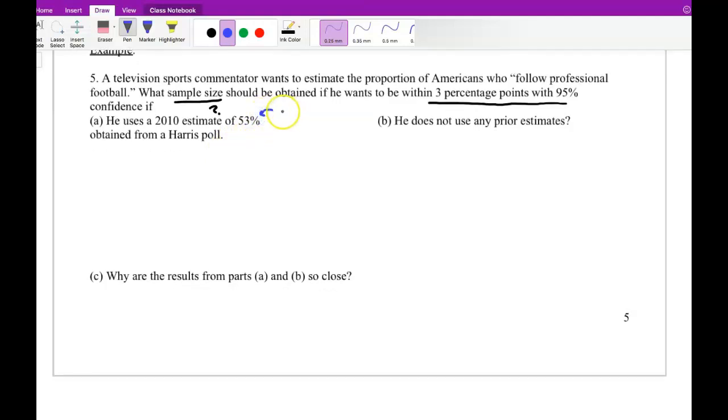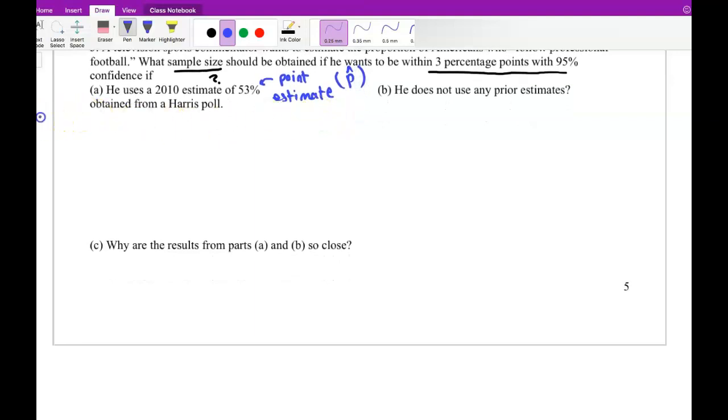For 95% confidence on this part, we need critical value. So to find sample size, we need to have critical value.